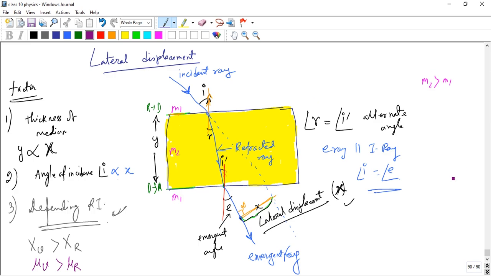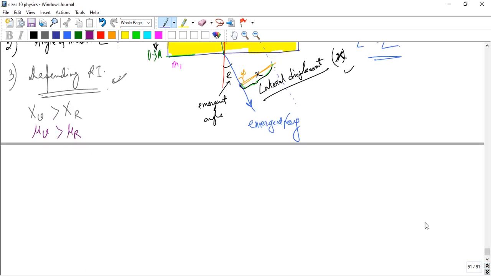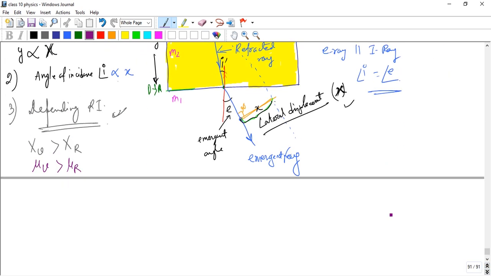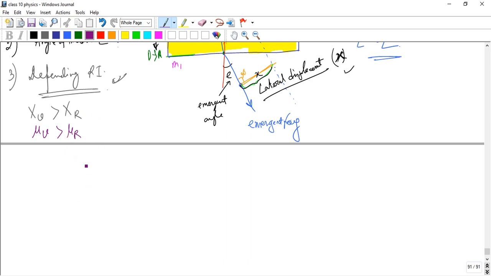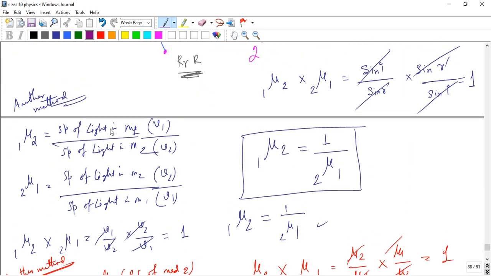Because the velocity of red is more than the velocity of violet. If there is more velocity, there is less refractive index, and less refractive index means less lateral displacement. That is an easy concept. So lateral displacement is more for violet than for red light.